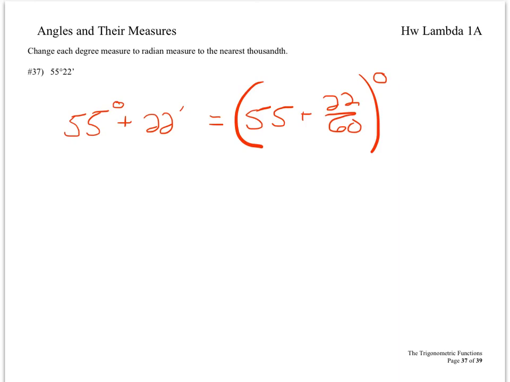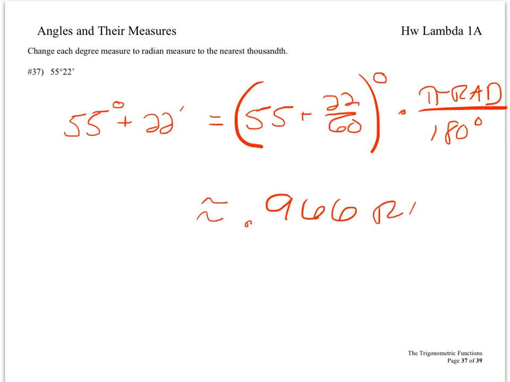To convert that to radians, we're going to multiply this by pi radians over 180 degrees. Put that in your calculator. That's going to give you approximately 0.966 radians.